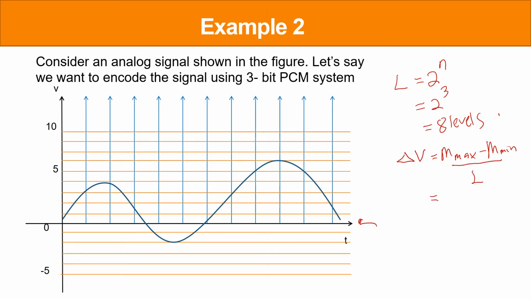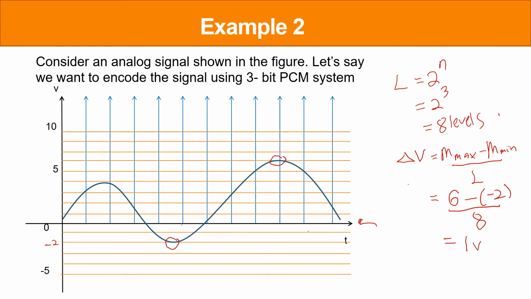So what is this signal's maximum value? Here the maximum value is 6, minus the minimum value for this signal, which is -2, divided by 8 levels. So the delta V for this signal is 1 volt.